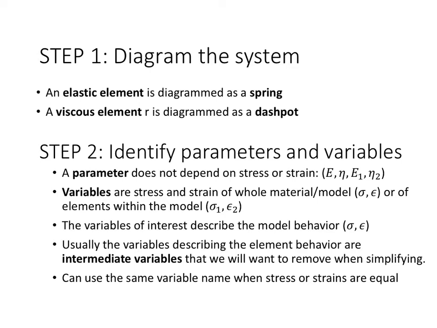In step 1, diagram the system, we build these with elastic elements that are diagrammed like a spring, usually with parameter E for Young's modulus, and a viscous element that we diagram as a dash pot.